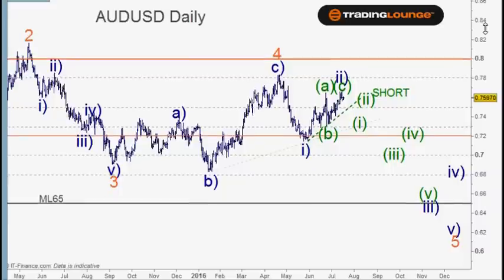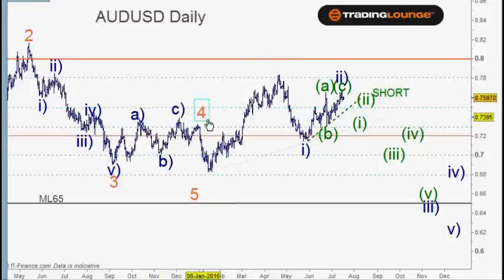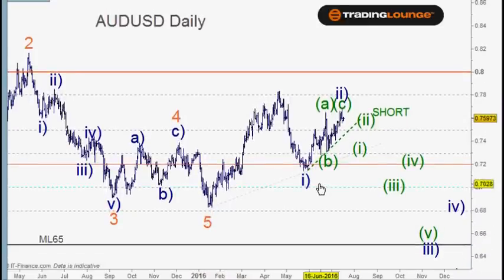Now, also what I need to explain too is that it's possible that this here is the A, the B, and the C wave for this little wave 4, and then this wave 5 here. It's not going to affect us right now, but it's something that we need to put on the table and eliminate later.